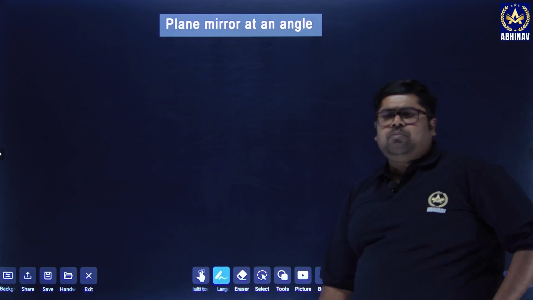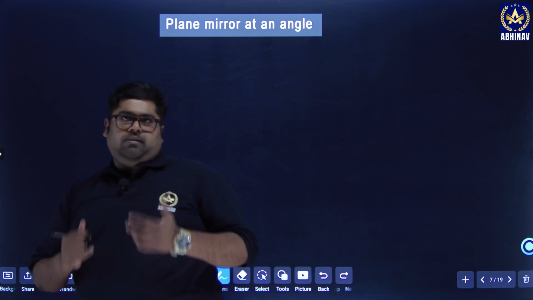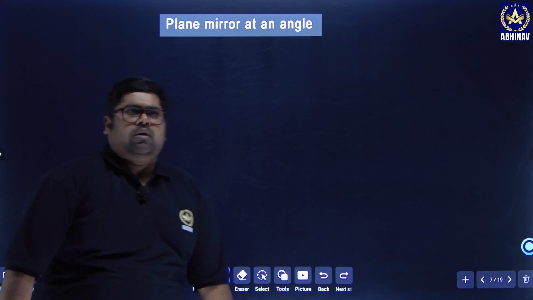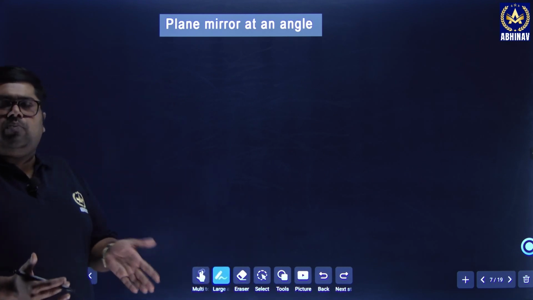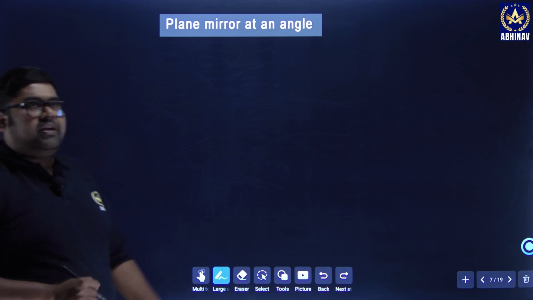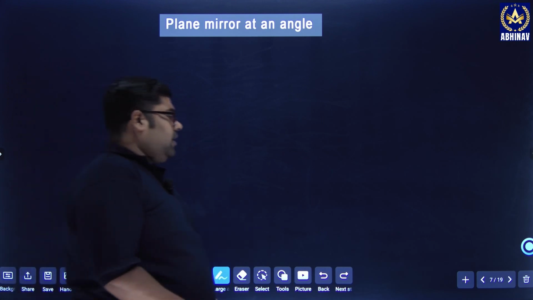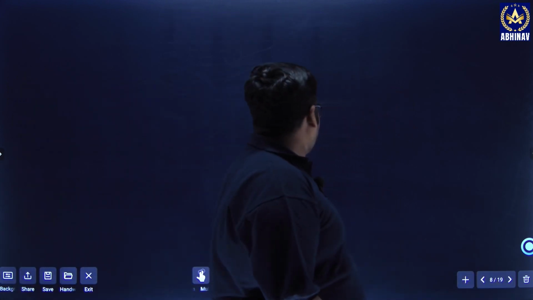Now, plane mirrors at some angle create a very beautiful illusion, you can call it. That is the beauty of light. Now you might have seen that when plane mirrors are arranged at some angle, they create an optical illusion. For example, you might have seen this.